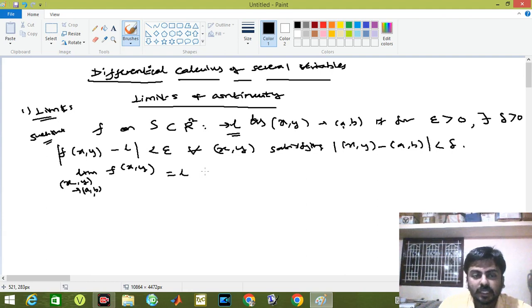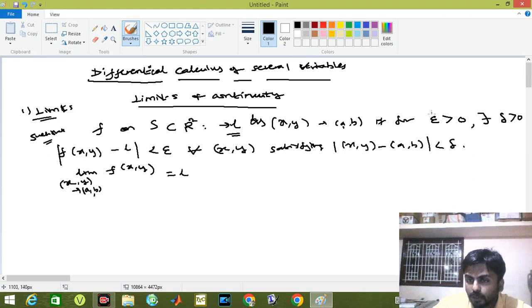I shall dictate the definition once again. So what is called a limit? If a function is defined on a subset S of R2, then we can say that the function will tend to a finite limit L as x comma y tends to a comma b, the point x tends to a and the point y tends to b. This means that for every epsilon greater than 0, there exists a delta greater than 0.